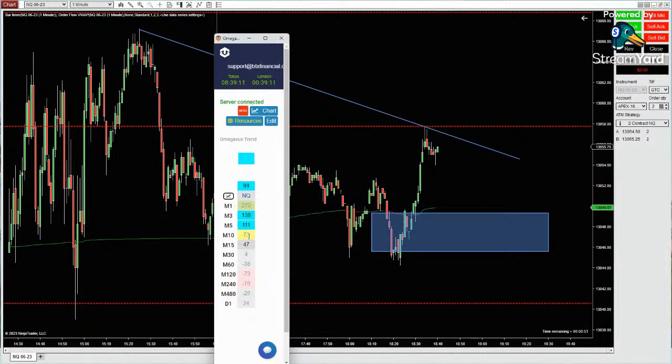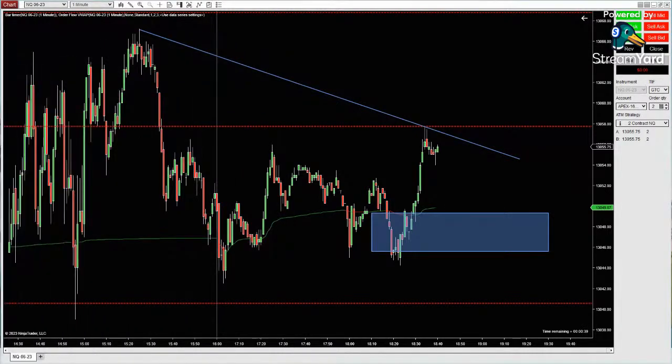So I like to see all these squares aligned with the same color. Right now, you can see green, blue, yellow, because it's not giving us exactly where the market wants to go. But usually those squares line up. If they're all green, that means I'm going to be buying. Like this morning, they were all red. So that's why we sold today.